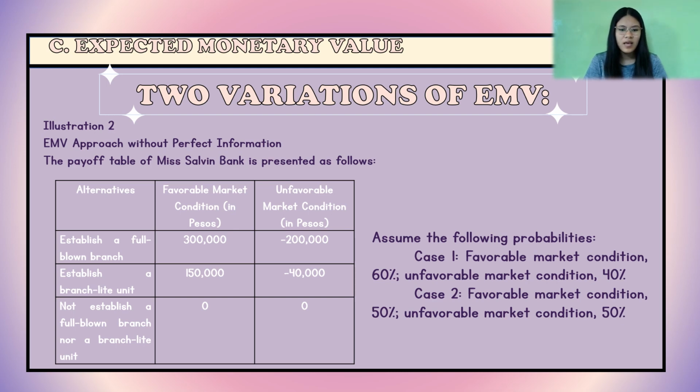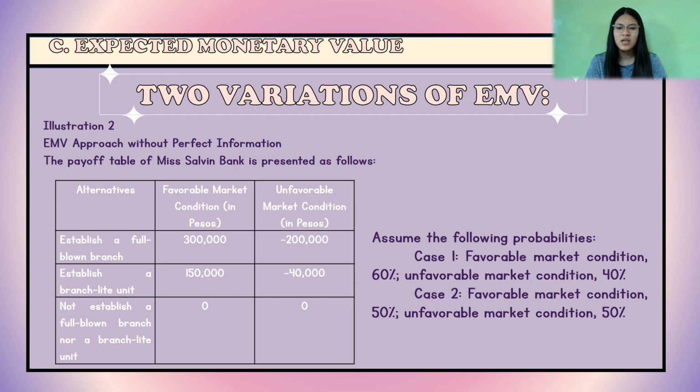Then establish a branch light unit. The favorable market condition is 150,000 and unfavorable is negative 40,000. And then not establish a full-blown branch nor a branch light unit: favorable is 0 and unfavorable is 0.